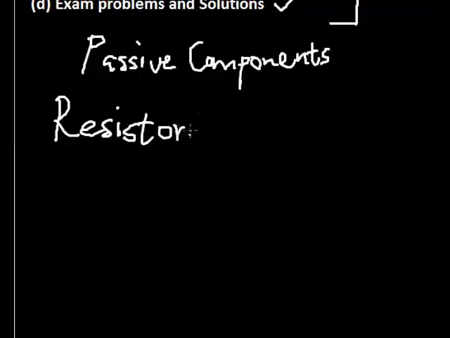Now what we are looking at here is definitely a circuit that is made up of resistors. What is a resistor? A resistor is a device that is used to oppose the flow of current. Remember, we talked about resistance. We said that resistance is the opposition to the flow of current. So devices that are manufactured to oppose current are known as resistors.